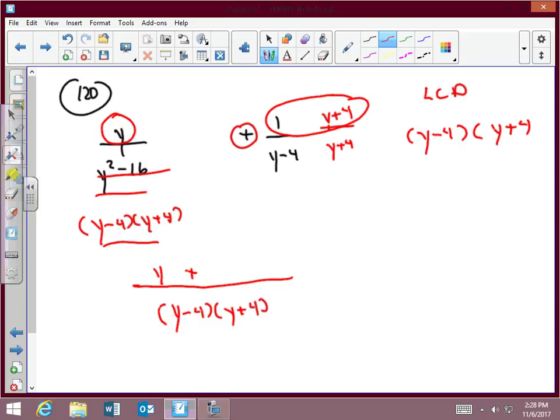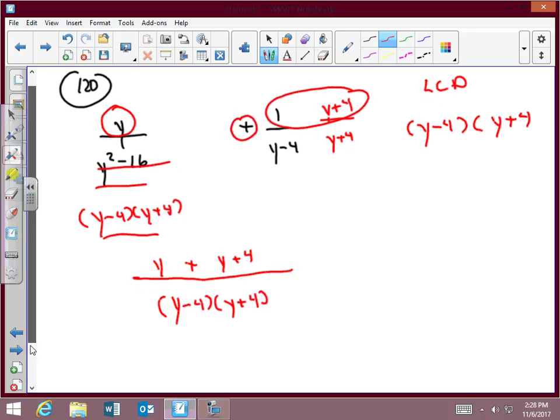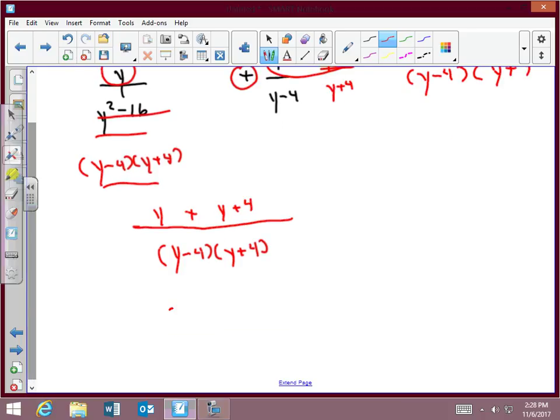And we don't have to worry about brackets, right? So that numerator is going to be 2y plus 4 over y minus 4, y plus 4. Now this is the answer.